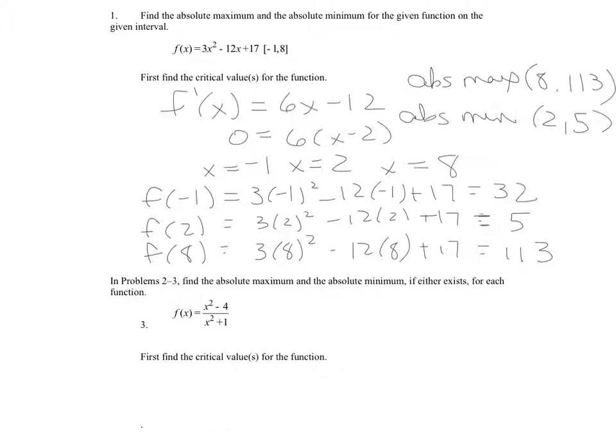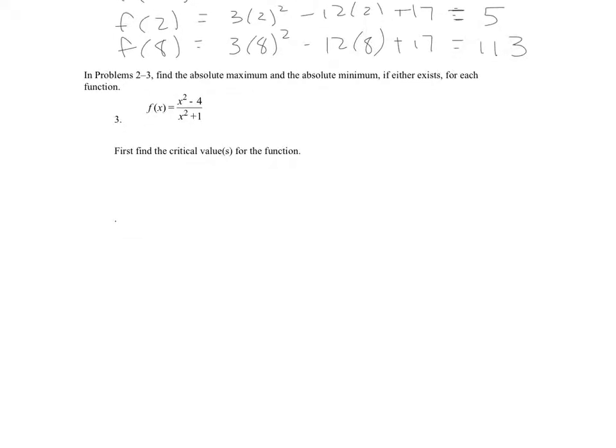Now on the next one, we want to see if we have an absolute max and or an absolute min. And this one is a rational function. So the first thing I should notice is, since it's rational, do I have any restriction on my domain?